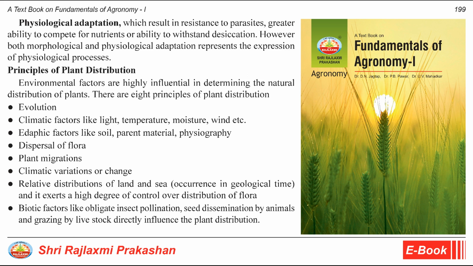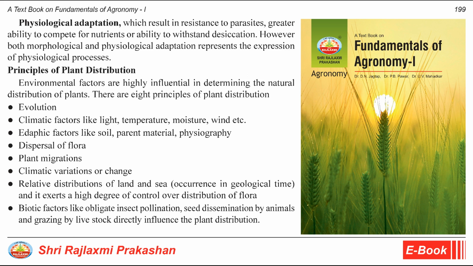Principles of plant distribution. Environmental factors are highly influential in determining the natural distribution of plants. There are 8 principles of plant distribution. Evolution. Climatic factors like light, temperature, moisture, wind, etc. Edaphic factors like soil, parent material, physiography. Dispersal of flora.